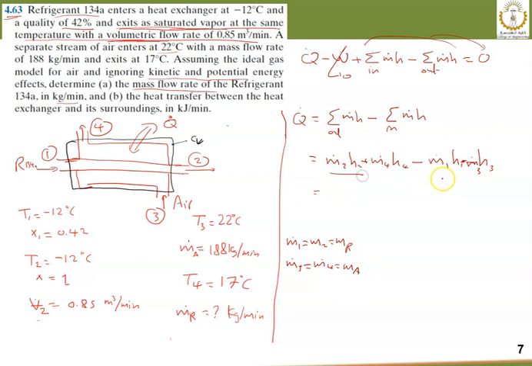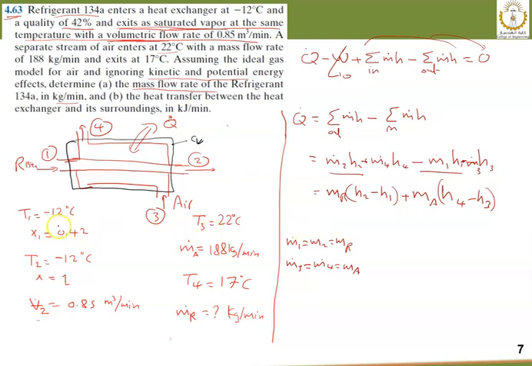So for 2 and 1, the refrigerant, m dot R times h2 minus h1, and for 4 and 3, the air, m dot a times h4 minus h3, outlet minus inlet. Now it's straightforward. We only need to find the enthalpies, and we can use the tables.